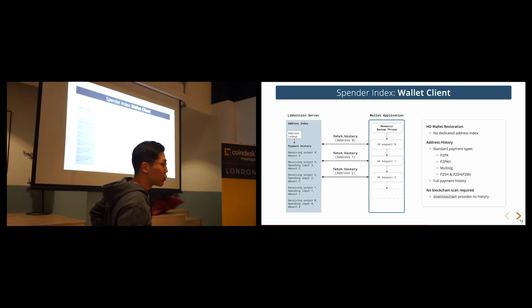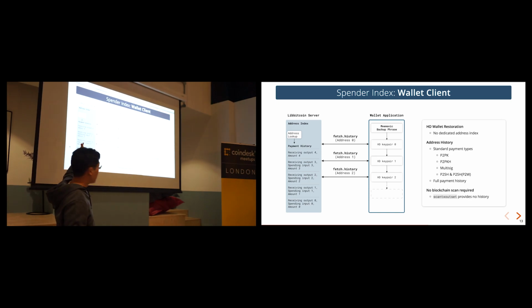Maybe I'm just restoring my backup from my mnemonic phrase, and for each key pair, I can fetch the entire history by looking up by address, which is really nice. I get all the outputs that were sent to this address, I get the spending inputs and the amounts, and so now I can recreate the balance, but also the history of that specific wallet. So I can keep my wallet application really light, no indexing, nothing, just key generation and a couple queries.